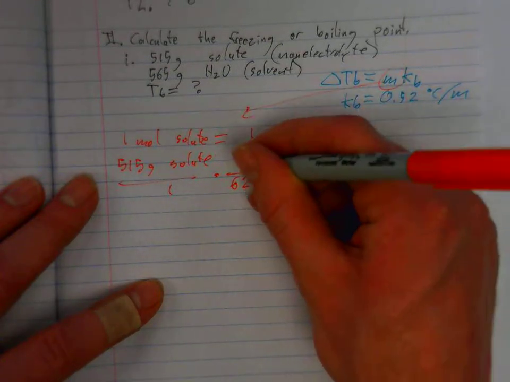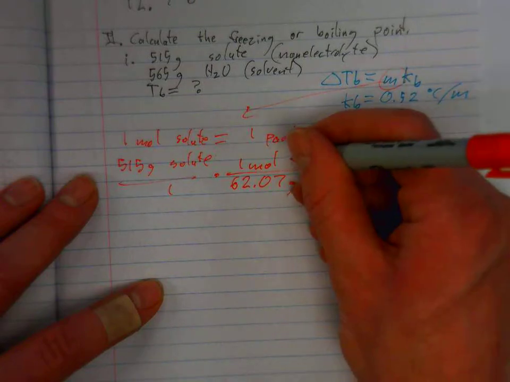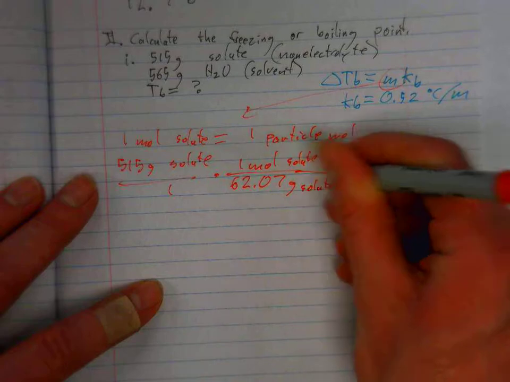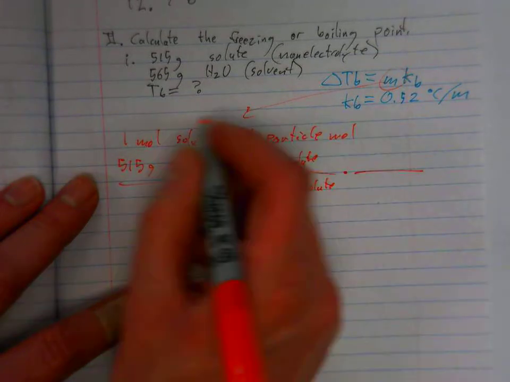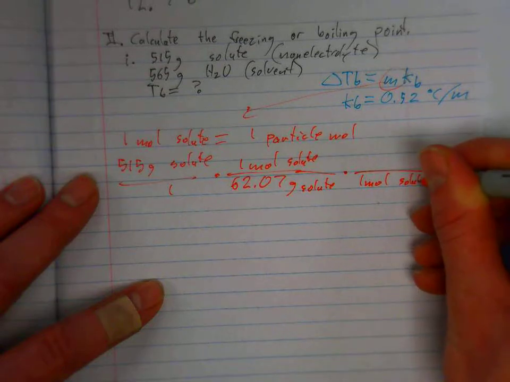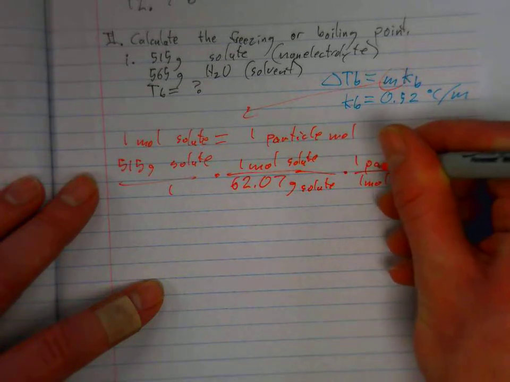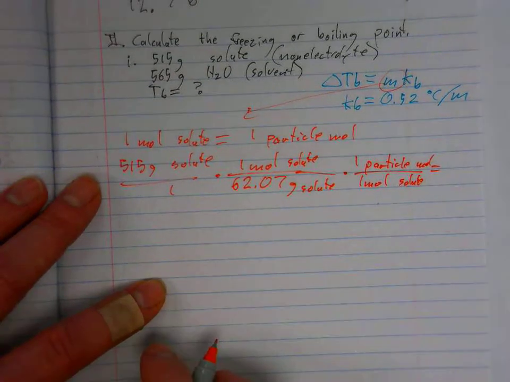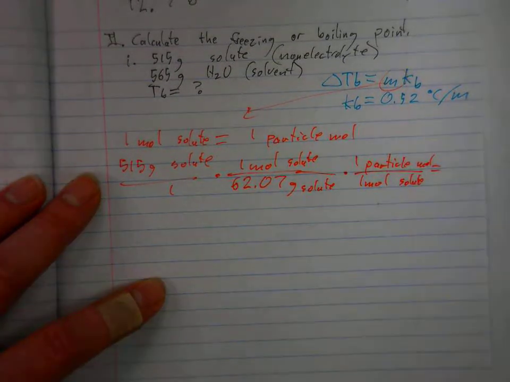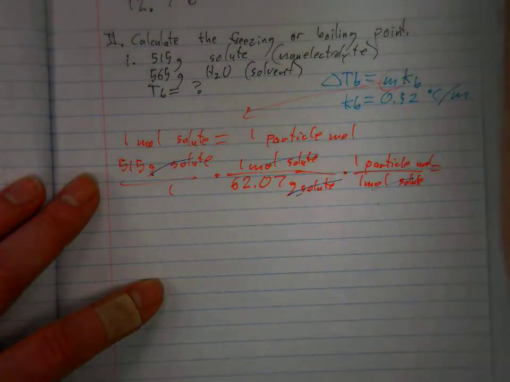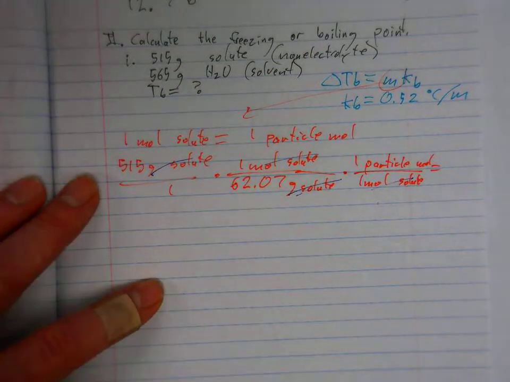Based on this equality, for every 1 mole of solute there's 1 particle mole. There's no dissociation, so we have the same number of particle moles as we have moles of solute. This gives us 8.29 particle moles.